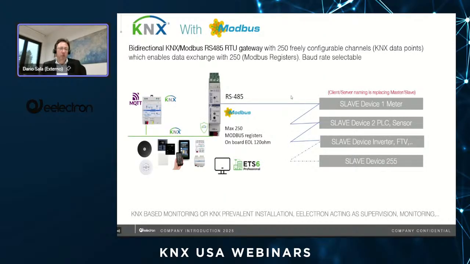As a part of our portfolio, we show you here some examples of what is available. We have recently introduced a KNX to Modbus gateway, in this case for RS-485, in order to manage all the cases which you may have in a building, in a floor, of which there are a couple of meters, maybe there is a sensor, maybe it is already existing, but it needs to be part of smart building automation.